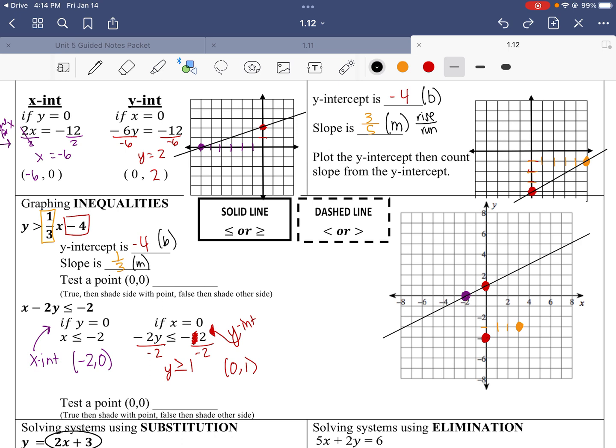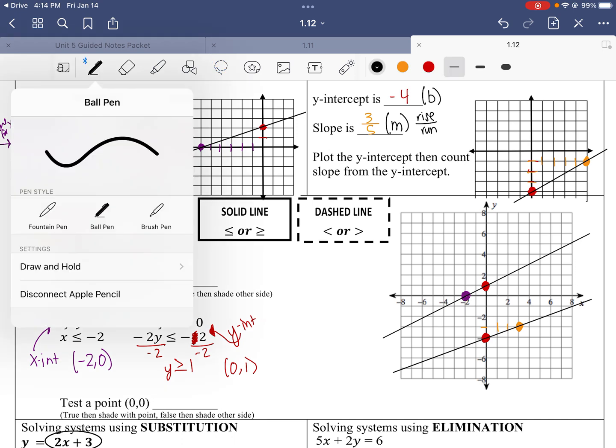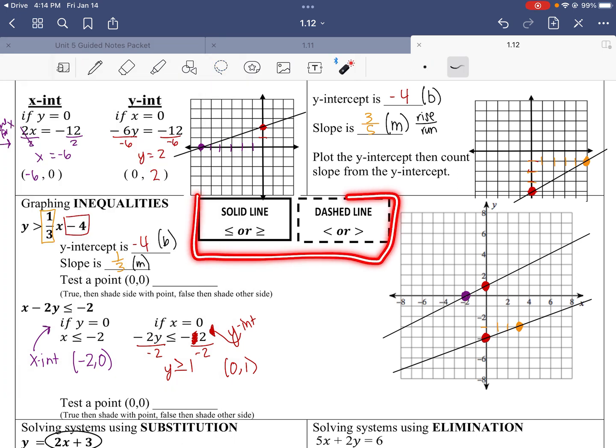Now, that's just how you would do it if it were a line. But these are not lines. They are inequalities, which means we do need to take a couple more steps. The first step we need to take is to decide if these lines really should be solid or if they should be dashed. So we're always going to look at our sign here. This one's a less than or equal to.